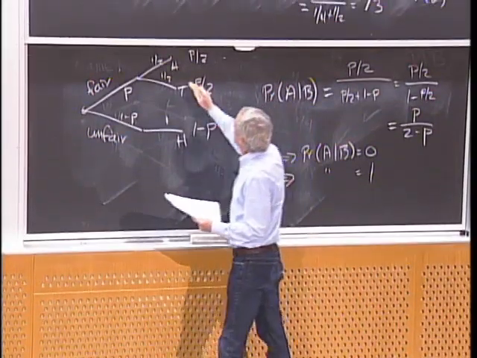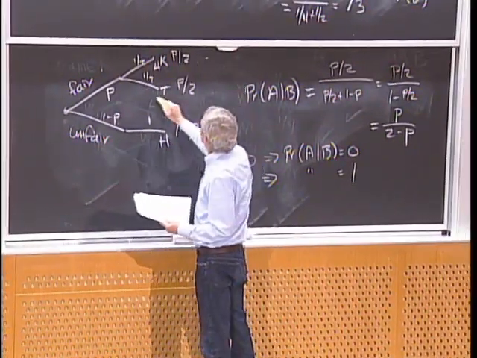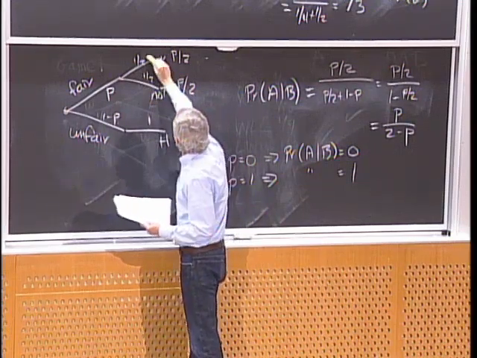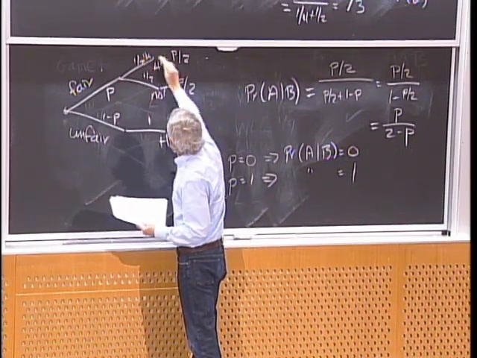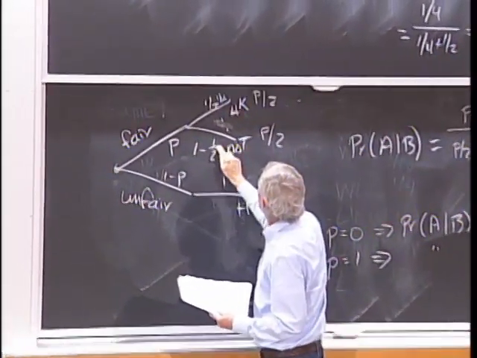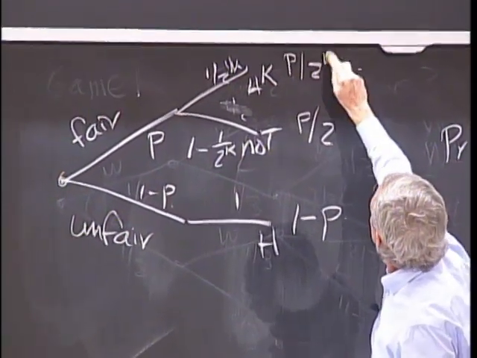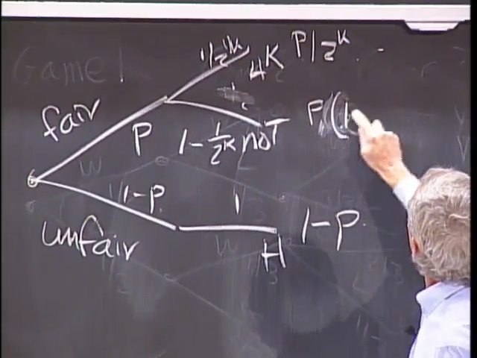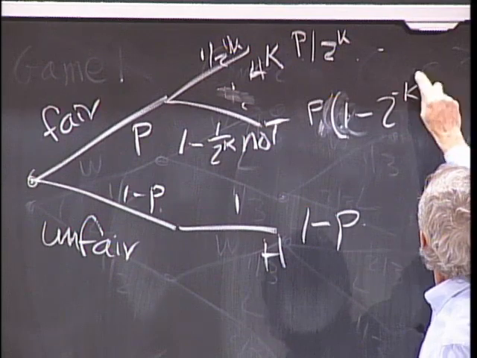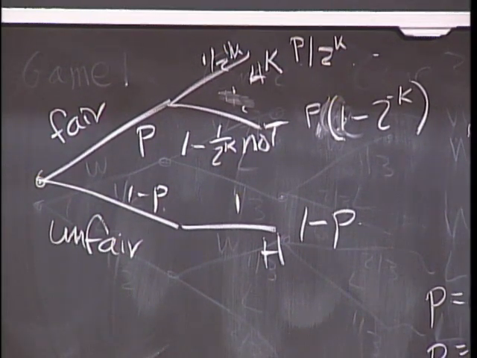So instead of a single heads, I get k straight heads and no tails. Well, this would happen with probability 1 over 2 to the k, and this would happen with probability 1 minus 1 over 2 to the k. So this is now p over 2 to the k, and this is now p times 1 minus 2 to the minus k. Let's recompute the probabilities. I'm going somewhere with this in a minute.